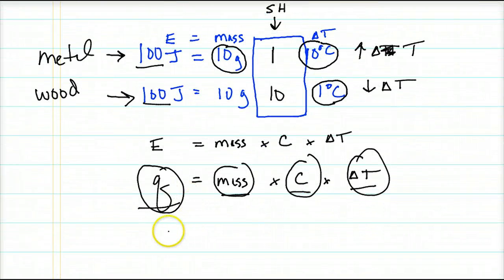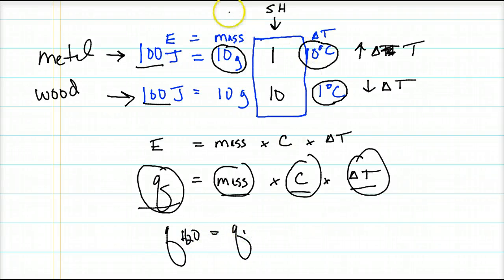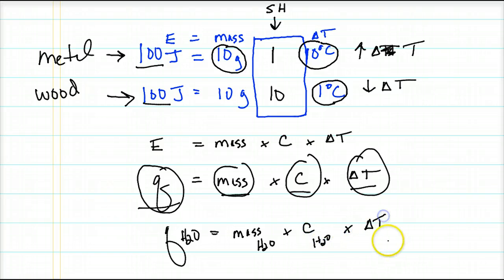It's going to be the Q of the water equals the mass of the water and the specific heat of the water times the temperature change of the water. You don't mix and match. Q for one thing, all these components are the same.